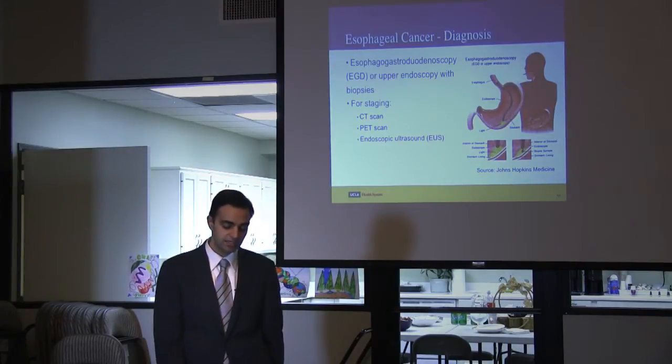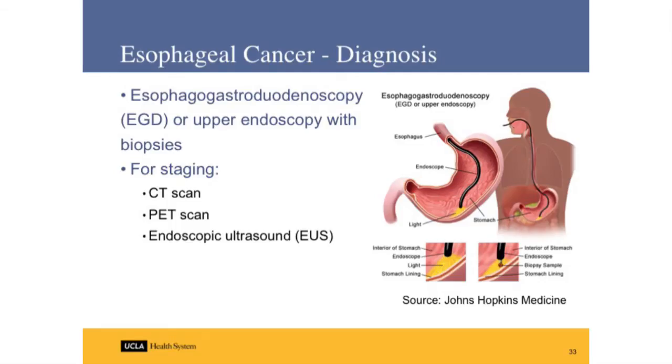So the diagnosis of esophageal cancer is by an EGD or esophagogastroduodenoscopy, which is similar to a colonoscopy, but this is when we have a flexible tube with a camera attached to the end of it, and it's passed down into the esophagus, stomach, and then just the upper part of the small intestine.